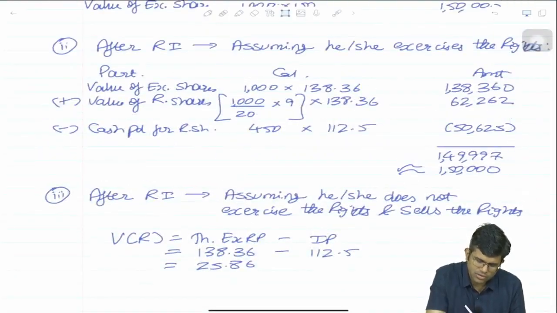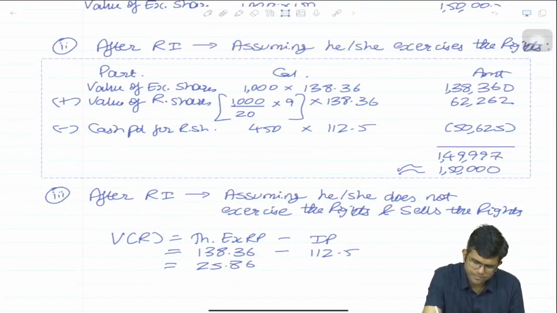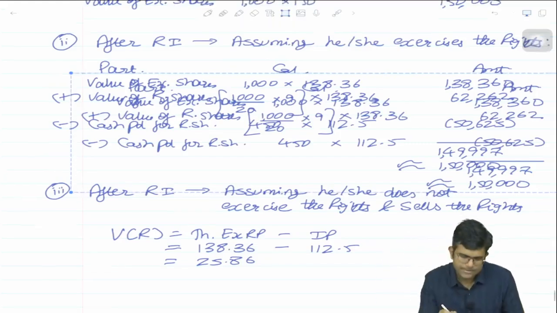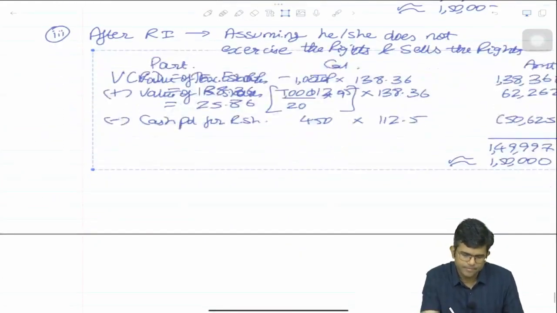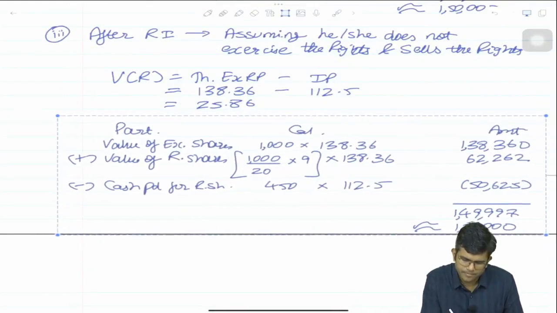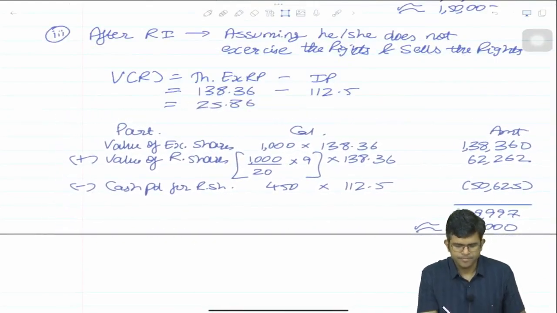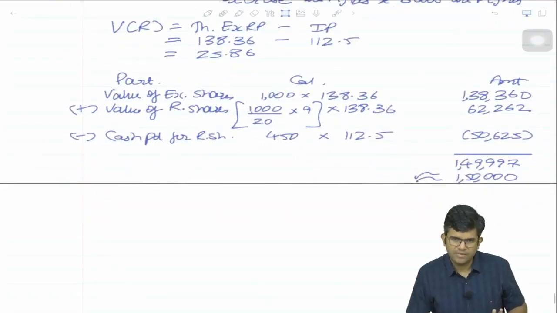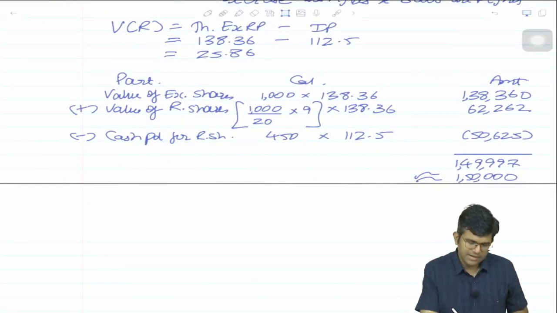So check this out. Value of existing shares after the rights issue will be 138.36 only. Everybody clear? First row will be intact. Second row, all this will not come. First of all, this third row will not come.